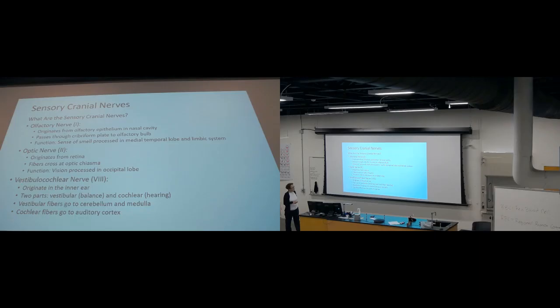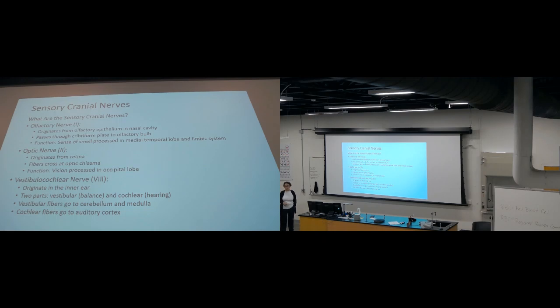The nerve takes its name because the vestibular part is the one that is going to come from one part of this apparatus and carry the information about balance, while the cochlear will be about hearing.